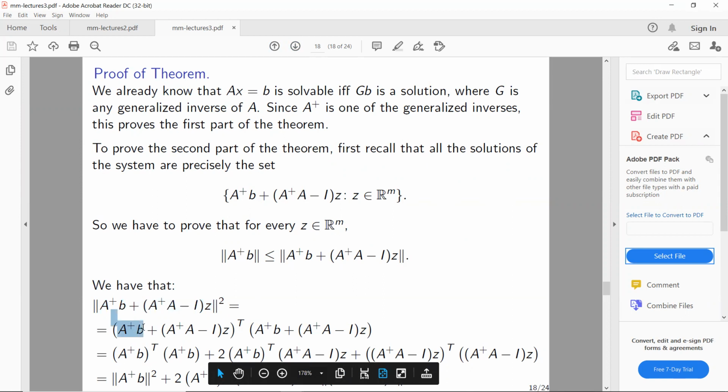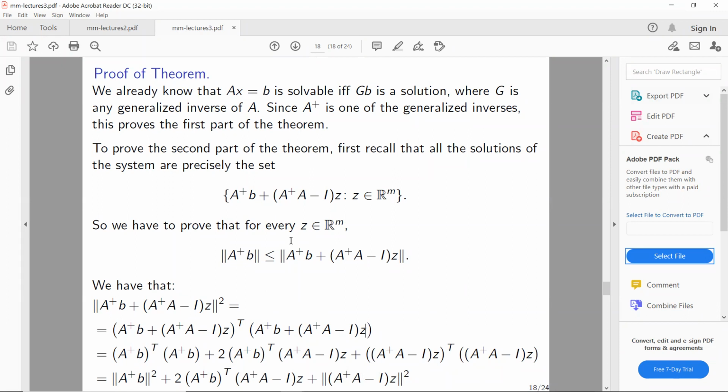This is what I used in the second line. And then I transpose the first vector, so in the third line I get A plus B transpose.